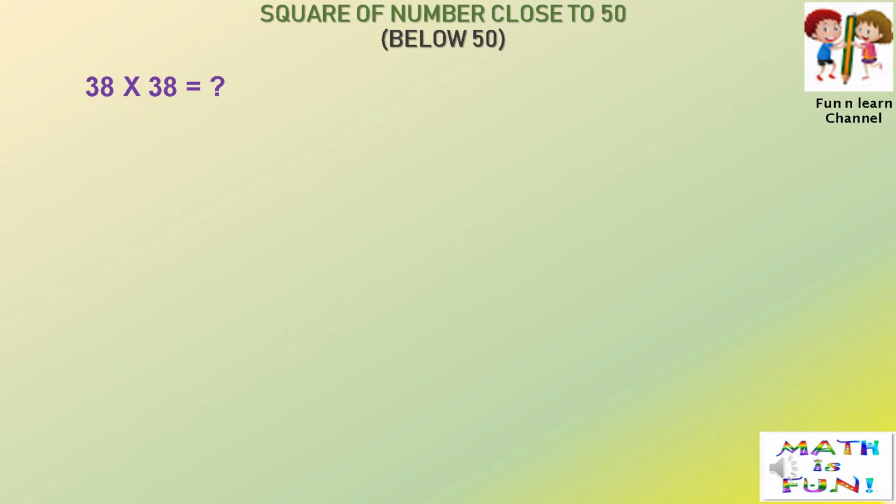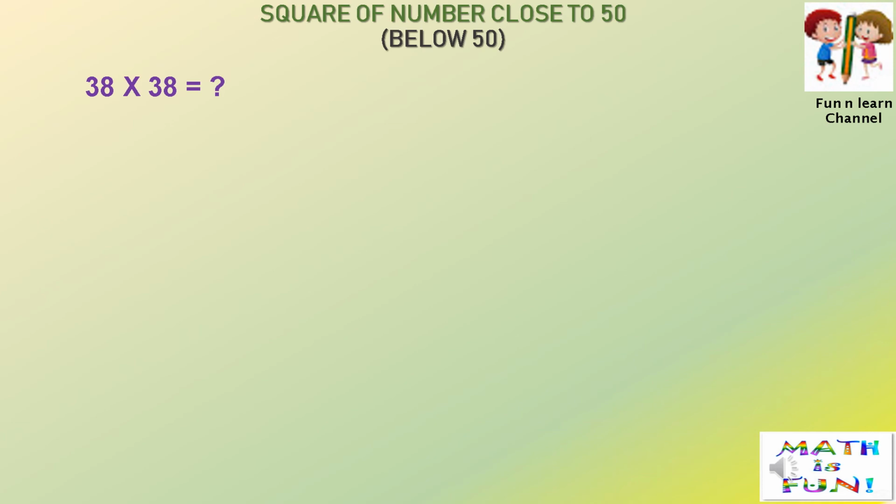Can you try a problem? Can you find the square of 38? How will you proceed? First, you will see that 38 is 12 less than 50. So we will subtract 38 minus 12. So we'll get 26. Next step will be, we have to divide 26 by 2.